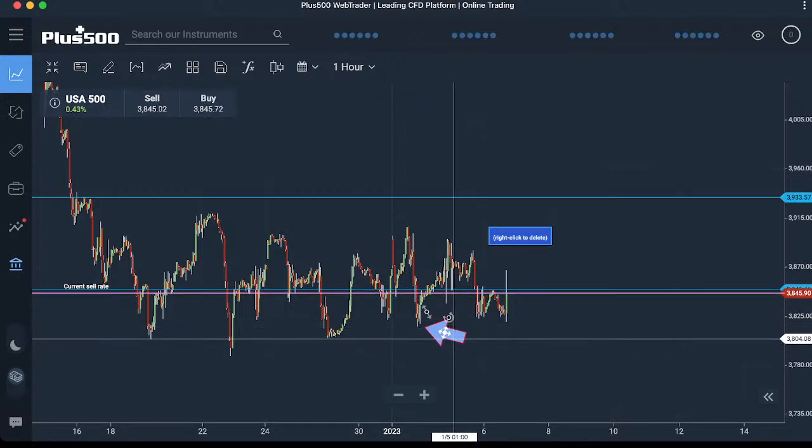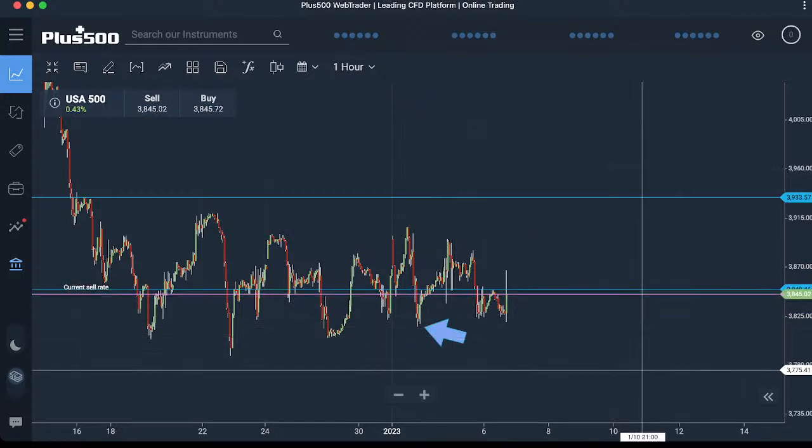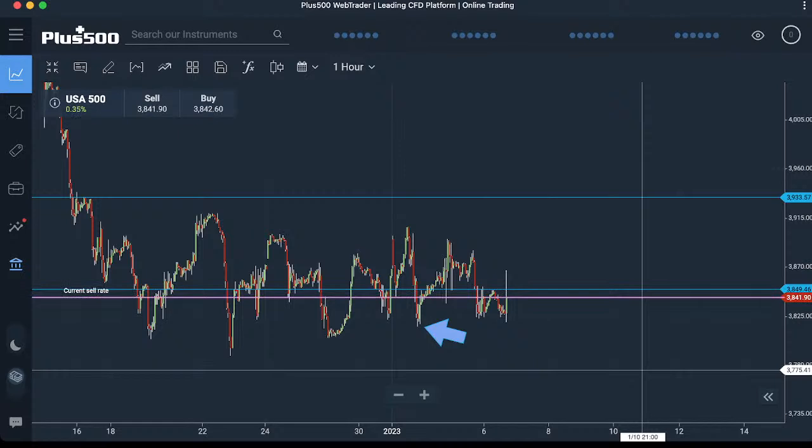I'm putting the arrow on that exact sell side liquidity. Based on the numbers, it makes sense if it goes up to take the upside buy side liquidity and then comes to the downside.